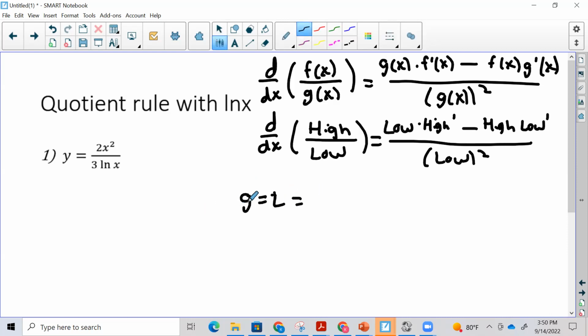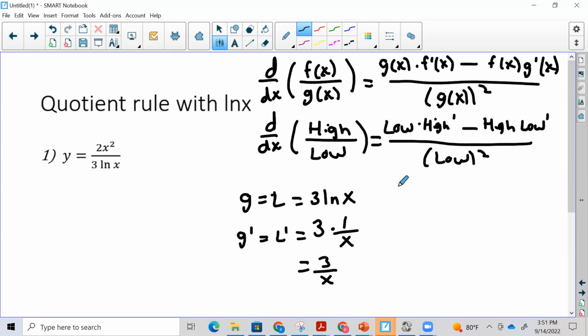And so we have the low, we always want to start with that one, which is 3 natural log of x. And then if I take the derivative of that, we have a constant in front. So we leave that constant and then we multiply by the derivative of ln of x, which is 1 over x. And that simplifies to 3 over x.